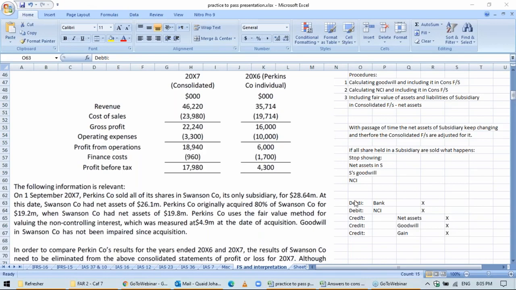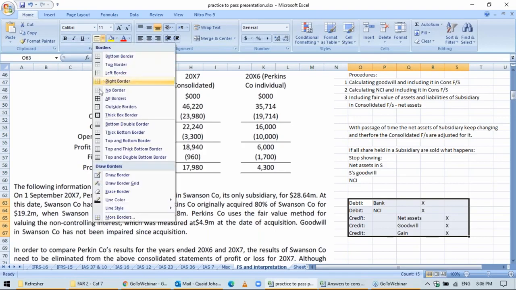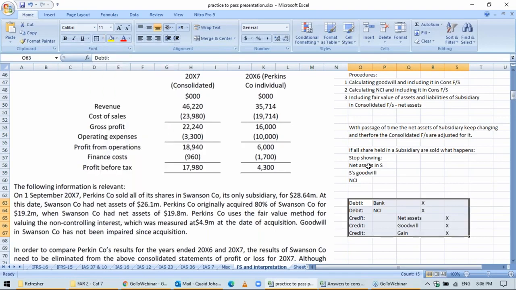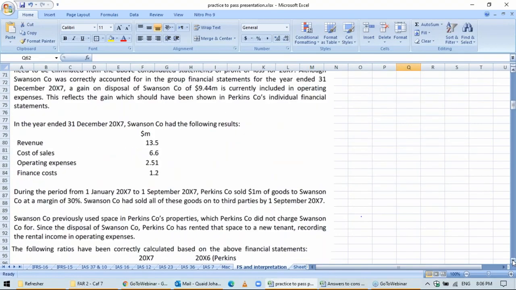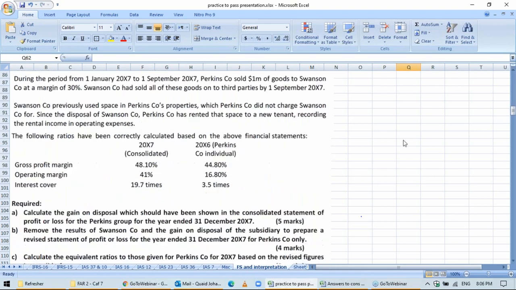So now this question covers these effects. They are telling you to calculate the gain or loss. So let's check what the question says. What is the requirement first? Let's check it. See, the requirement is to calculate the gain on disposal which should have been shown in the consolidated financial statement.